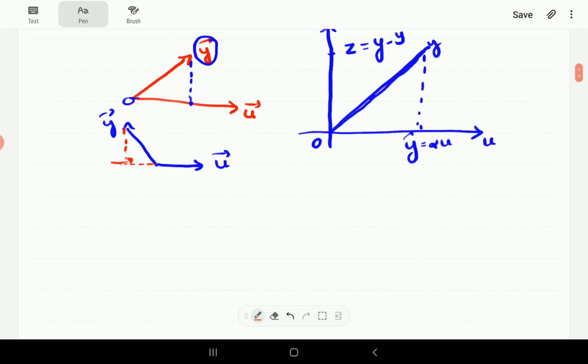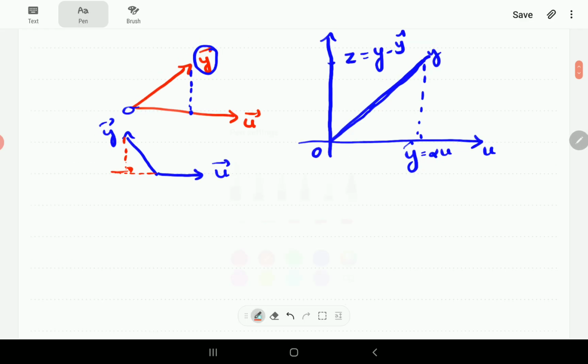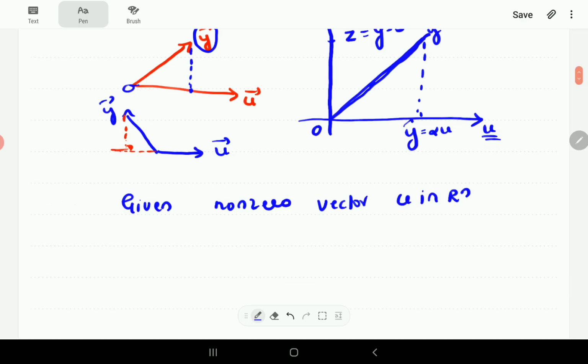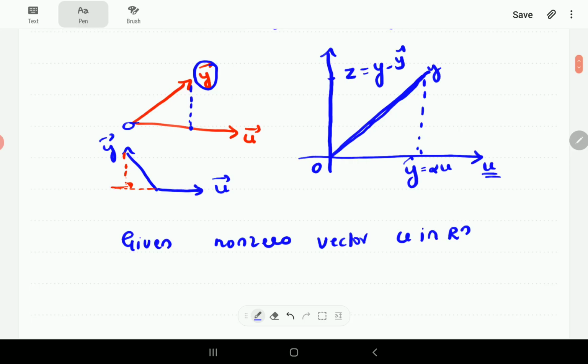In the orthogonal projection, let me give you the explanation with the help of this figure. Here we are given a non-zero vector, say u in Rn. What we are trying to do is decompose a vector y in Rn into the sum of two orthogonal vectors.